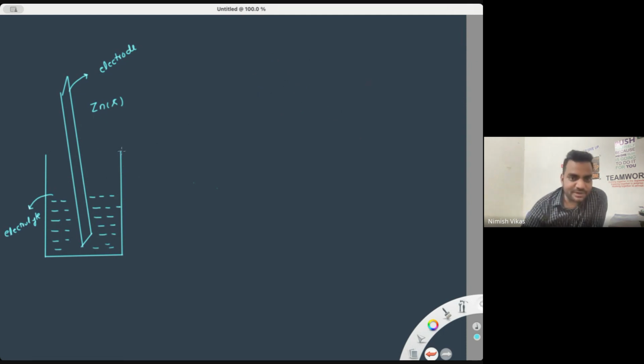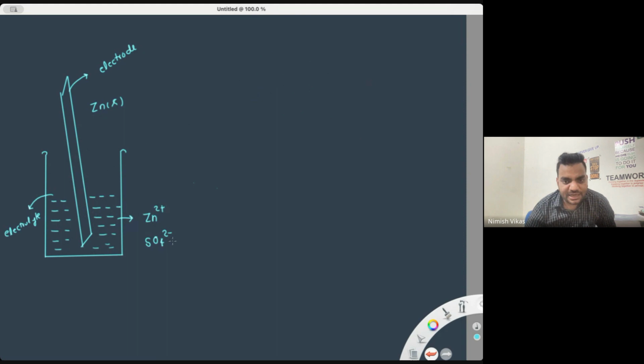Since this chapter will not be explained in too much detail in class 11, the examples are also taken like this. So we have taken the metal zinc and some metal salt. It's an electrolyte, so it should have charge carriers. Our charge carriers are zinc ion and sulfate ion.